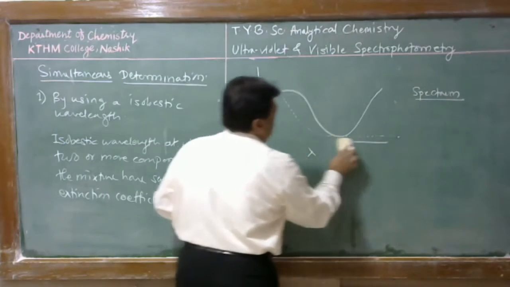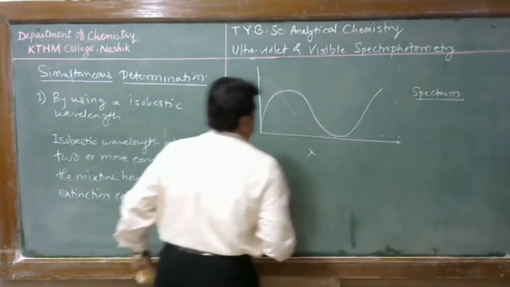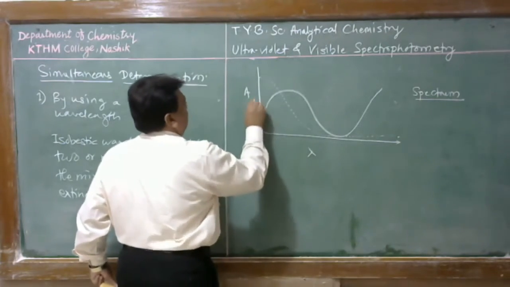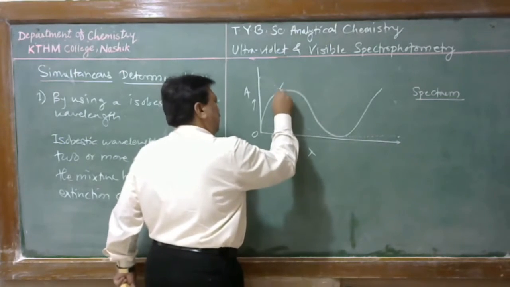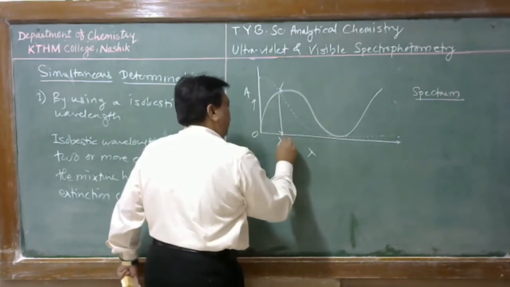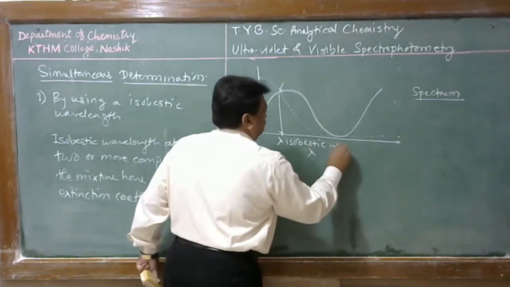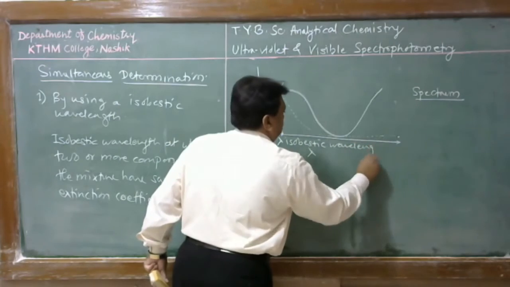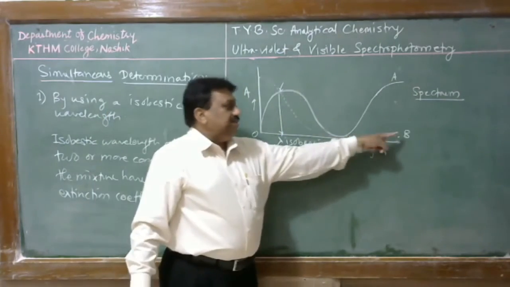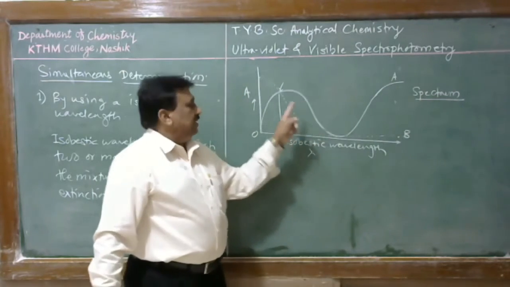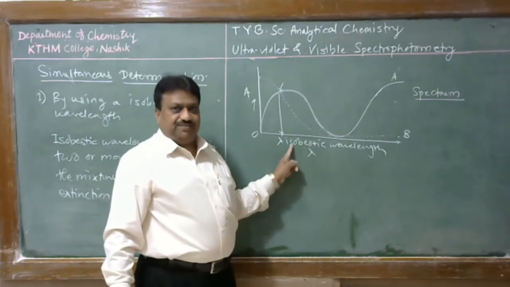Here this is absorbance, here it is 0, and it increases like this. This is a wavelength, lambda, where these two components have the same absorption value. Concentration of both solutions is the same. If absorbance is the same, then that wavelength is called the isosbestic wavelength.